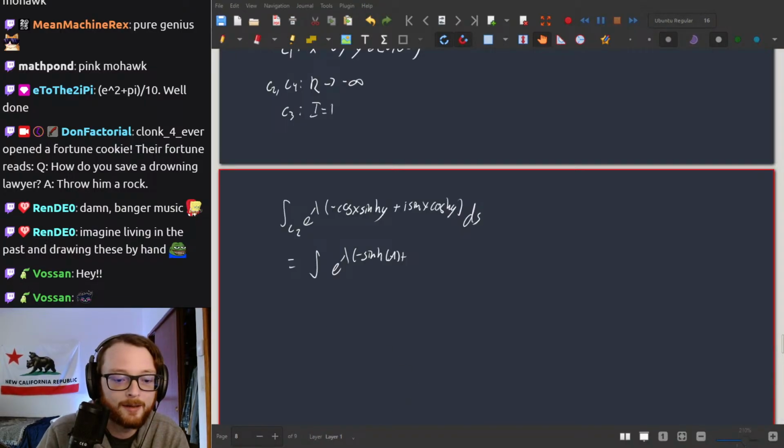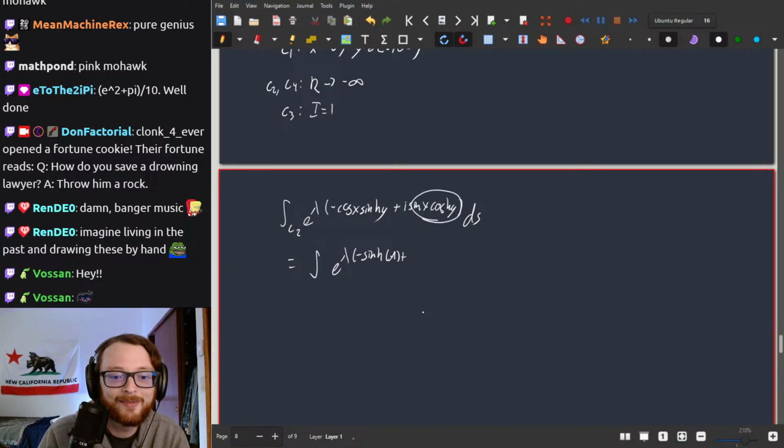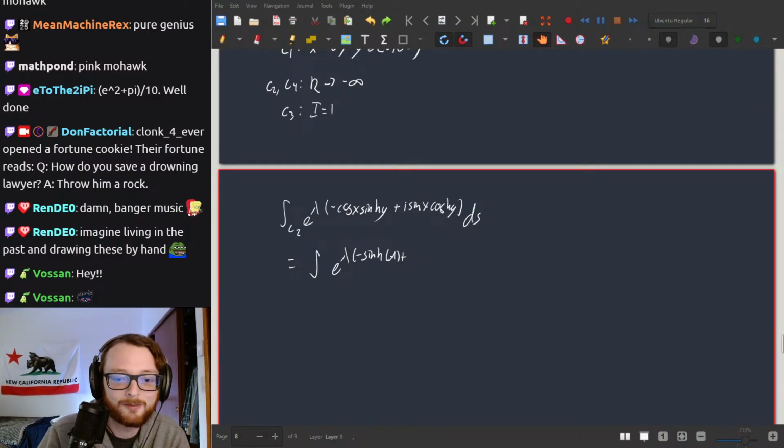Wait. Okay, so this is the bit that's changing. I don't want to write out exactly how it's changing because that's just going to be tedious.